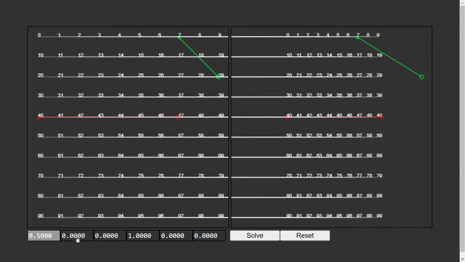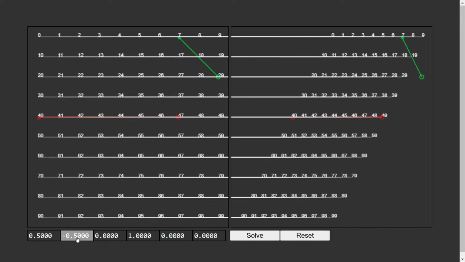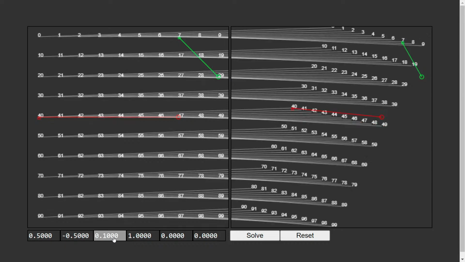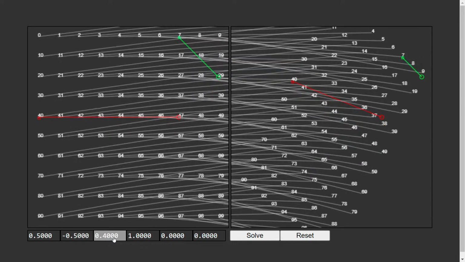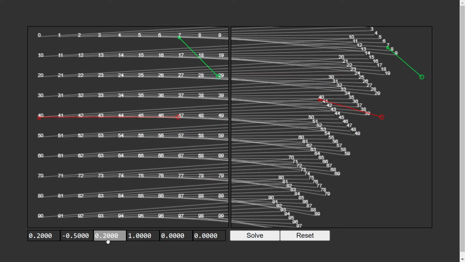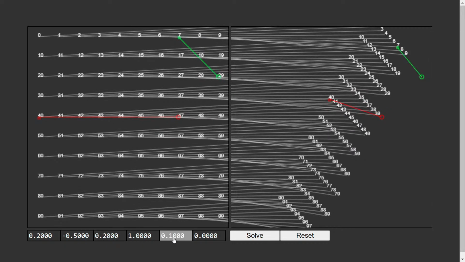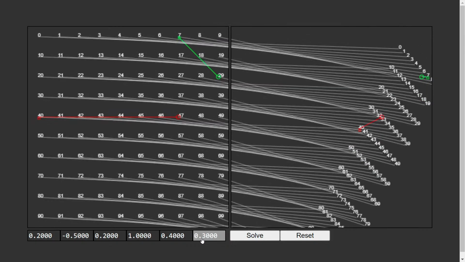Okay, then we rotate over this way. And then, kind of like that. And then, yeah, and then, okay. And then this is kind of over. And then kind of down.